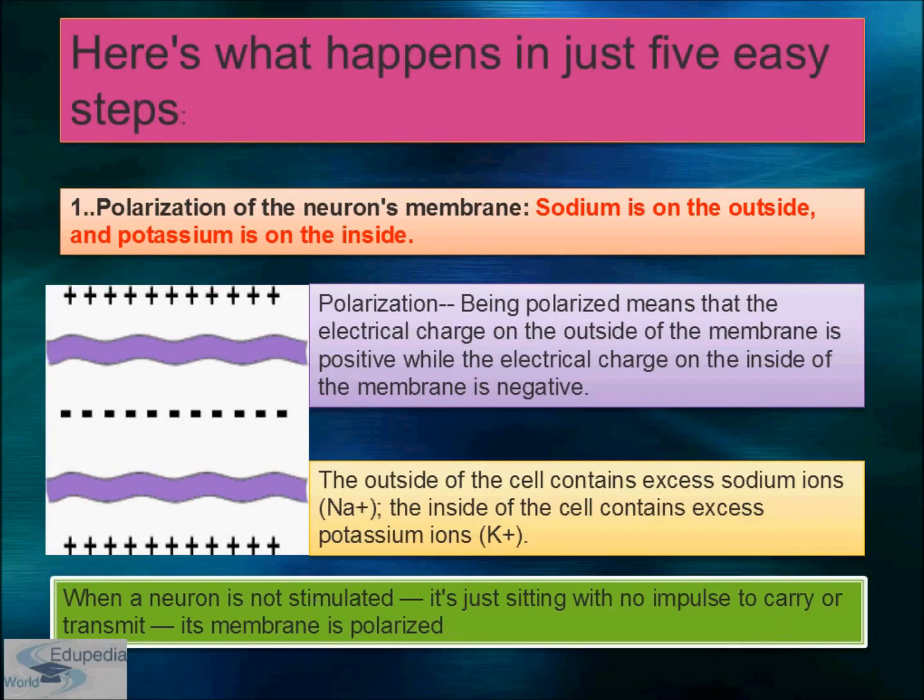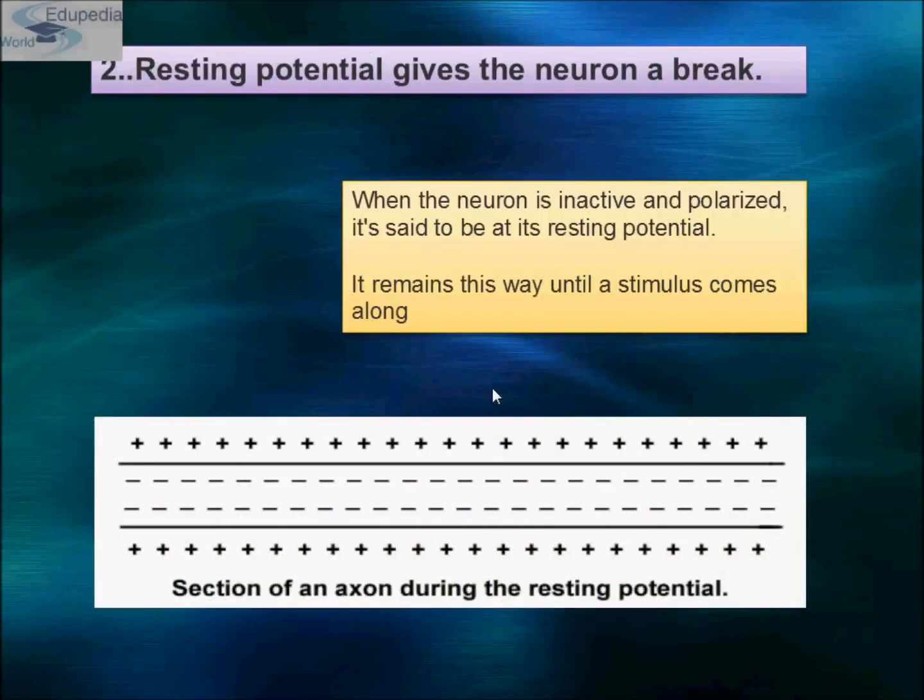Now the second step in the transmission of nerve impulse is resting potential, which gives the neuron a break. When a neuron is inactive and polarized, meaning positive ions outside the membrane and negative electrical charge inside the membrane, it is said to be at its resting potential.